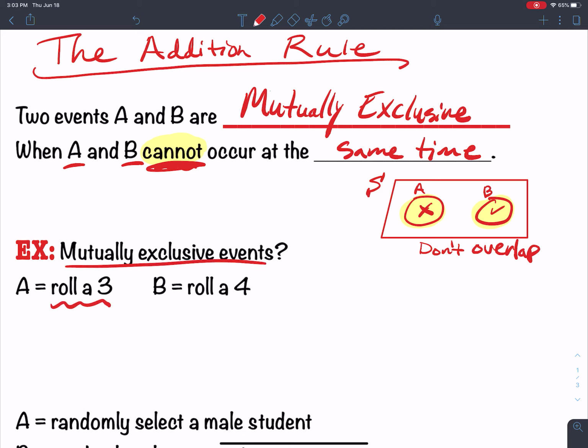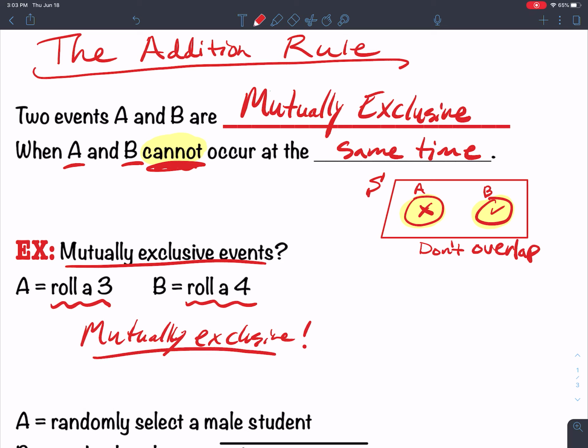Can I roll a 3 and roll a 4 at the same time? These outcomes cannot occur at the same time. Therefore, they are mutually exclusive. Now, can you roll a 3 and then roll a 4?